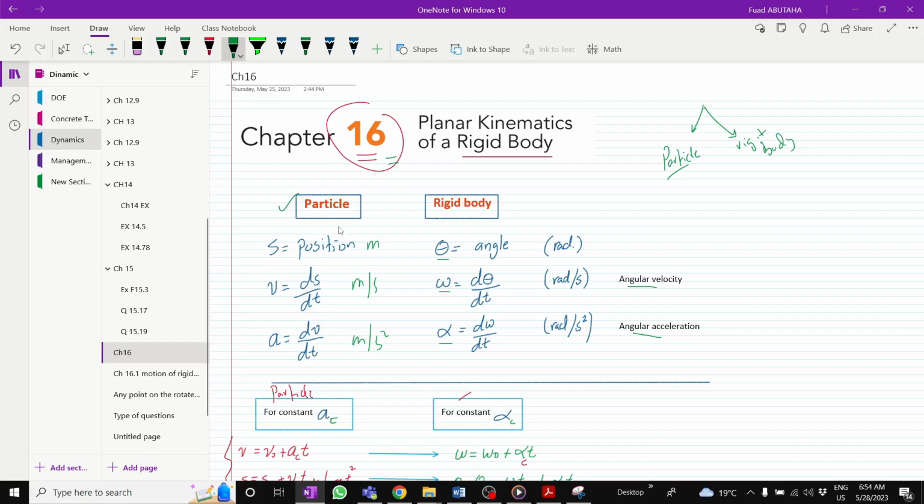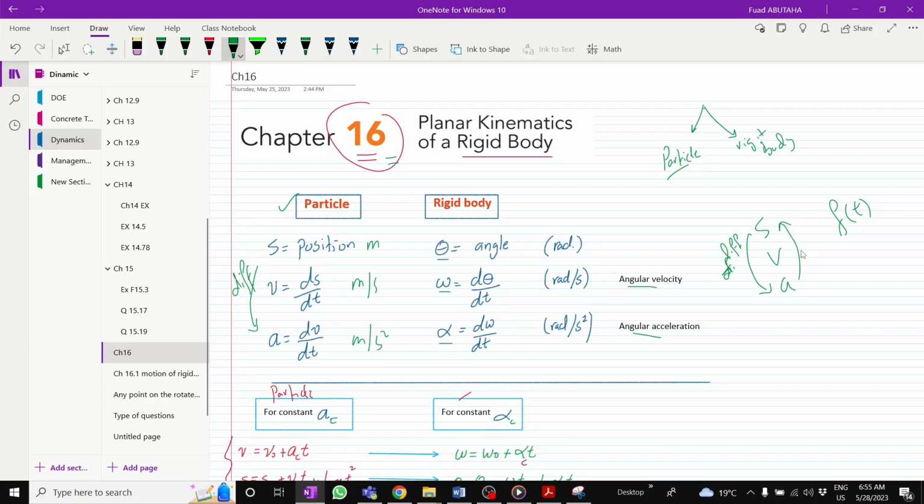In the particle questions, we obtained the velocity from the position by differentiation. If you do remember, we have position, velocity, and acceleration, and if all of them are functions of time, then to get the velocity from the position we differentiate.